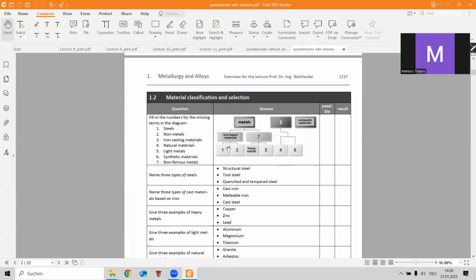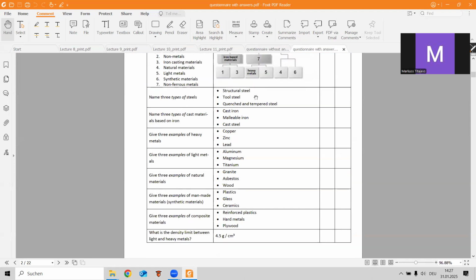First question: we have metals, iron-based metals, and non-ferrous materials. In the first group we have steels, iron casting materials, heavy metals and non-ferrous metals, light metals, and in group 2 we have non-metals: natural materials, synthetic materials, and composites. Three types of steel: structural, case hardened, quenched and tempered. Three types of cast material based on iron: cast iron, malleable iron, cast steel.